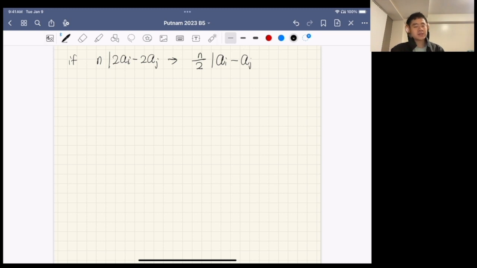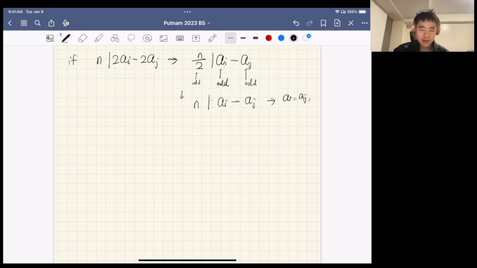Now the next thing is that this one is odd, and this one is odd. So this difference is going to be even, and n over 2 is odd. Since we have an odd number dividing an even number, that means that n also divides this thing, and therefore AI equals AJ.